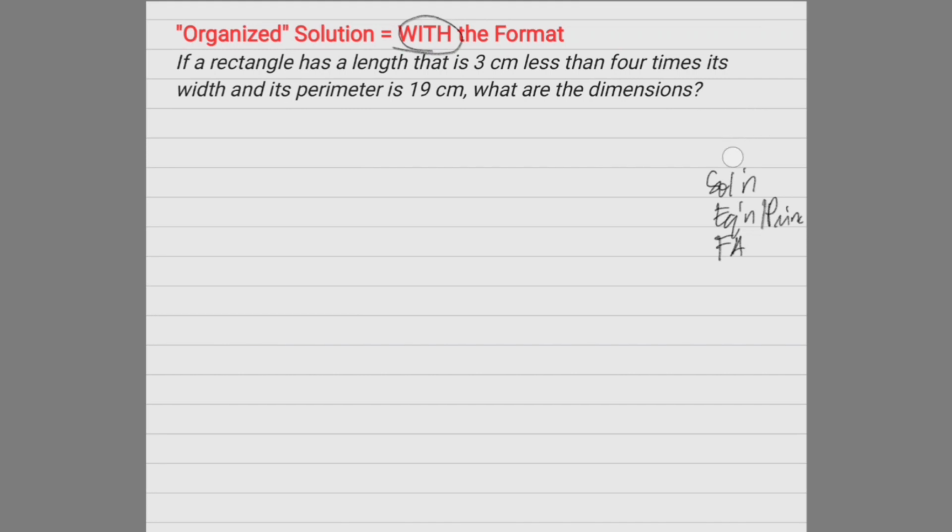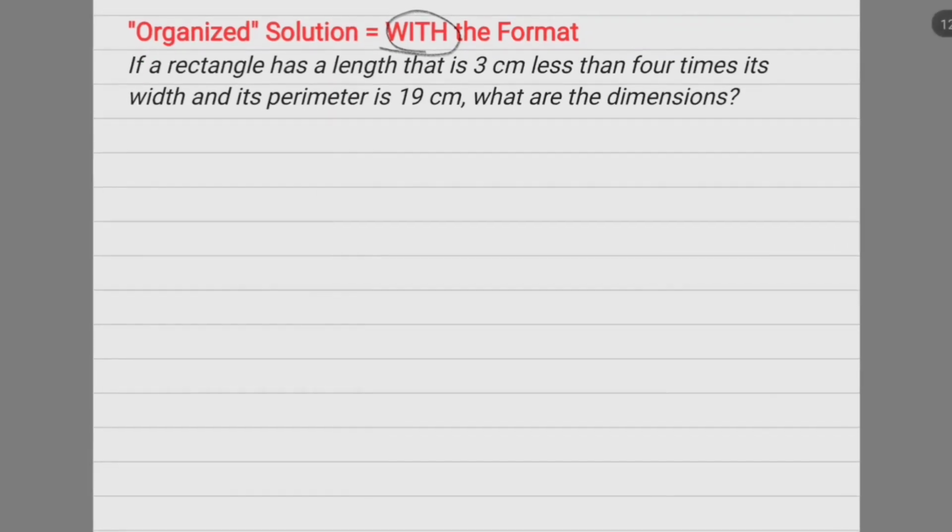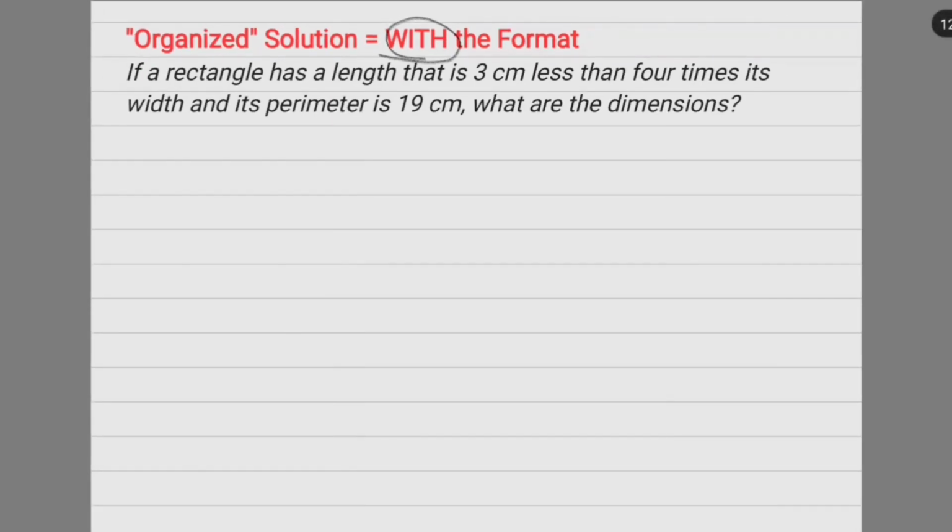So we will do the solution with those parts for this one. So here it is just the same problem. So we write first the given. Okay? So we draw a rectangle.